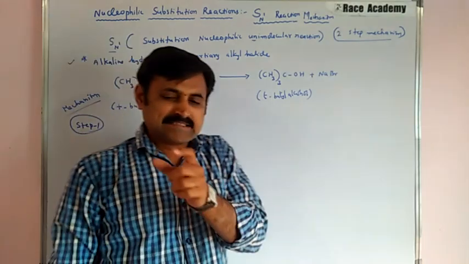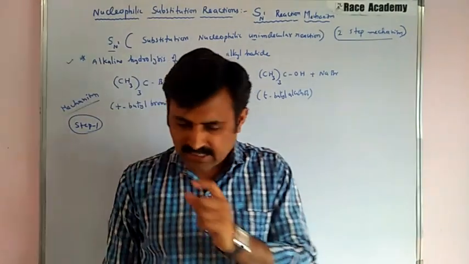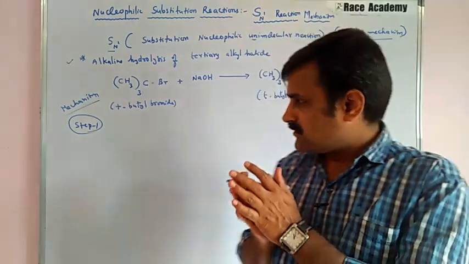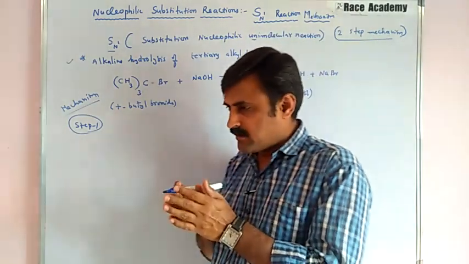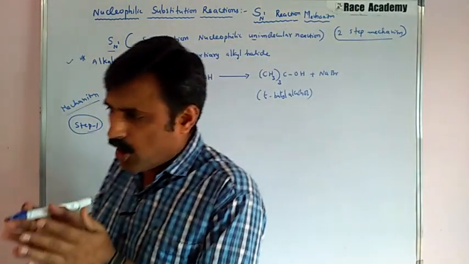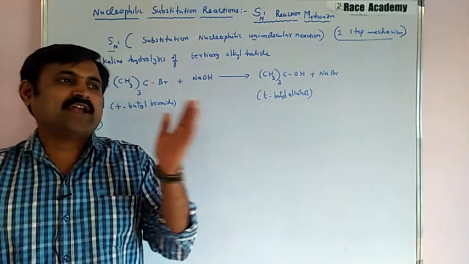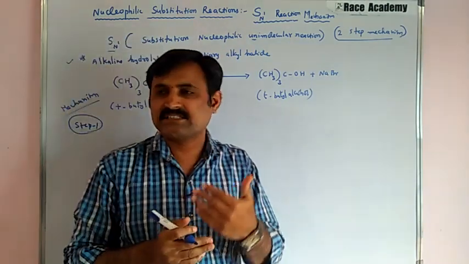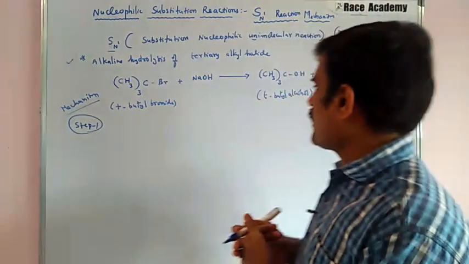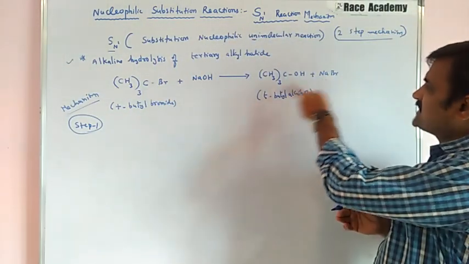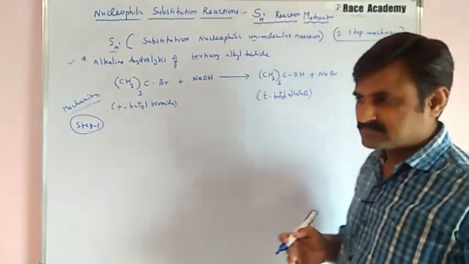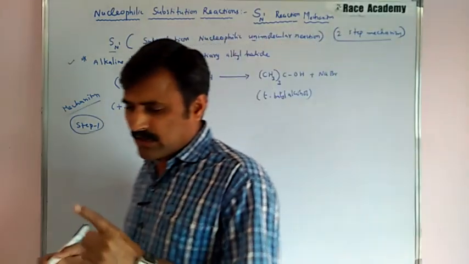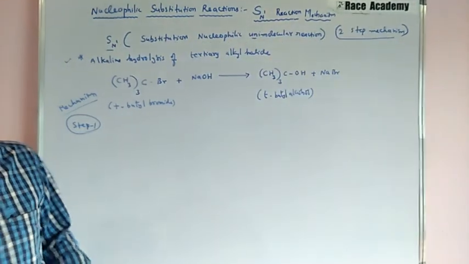Step 1 is the mechanism step where the carbon-halogen bond breaks heterolytically, which produces a stable carbocation and separates the halide ion. That is one of the most important points.